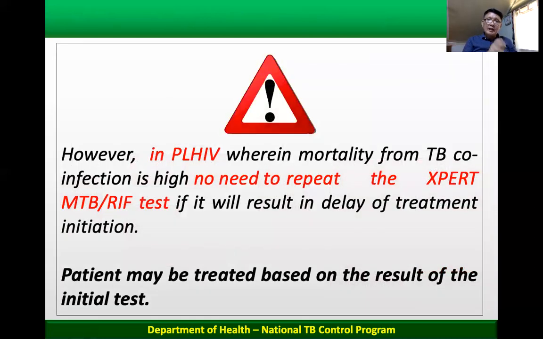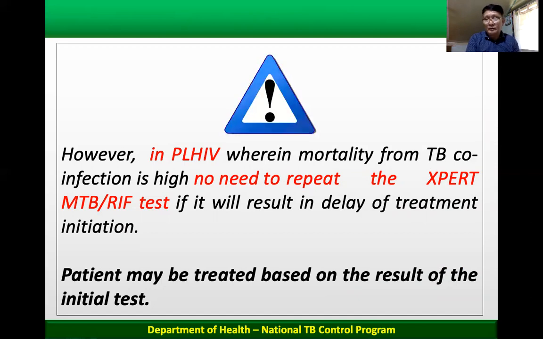However, in PLHIV, wherein mortality from TB infection is high, there's no need to repeat the Xpert MTB/RIF test. It will result in delay of treatment initiation. So the treatment of our PLHIV patient will be based on the result of the initial test.